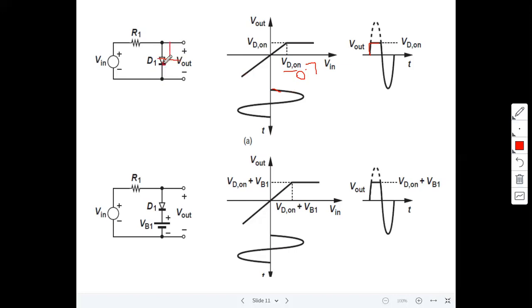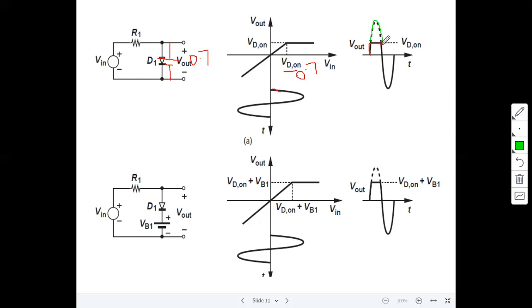Replace it with a voltage source of 0.7 volts, the diode on voltage, so the output is limited to 0.7 only. During this entire portion, the diode is on, so the output is equal to 0.7 only.